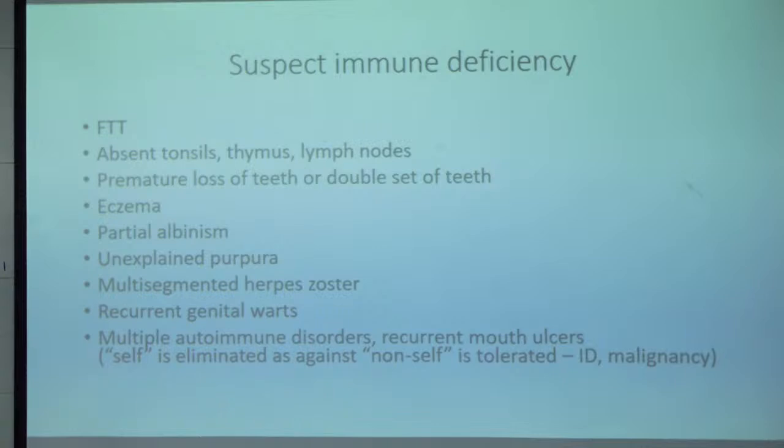So you have a malignancy with immune deficiency. So all this combined together. And I think what is more important is, if self is eliminated, as again non-self is tolerated, these are the basic problems with immunology. That I can't tolerate my own organ, or I don't care if somebody else is an intruder in my body. Both are the evidences of some immunological dysfunctions.